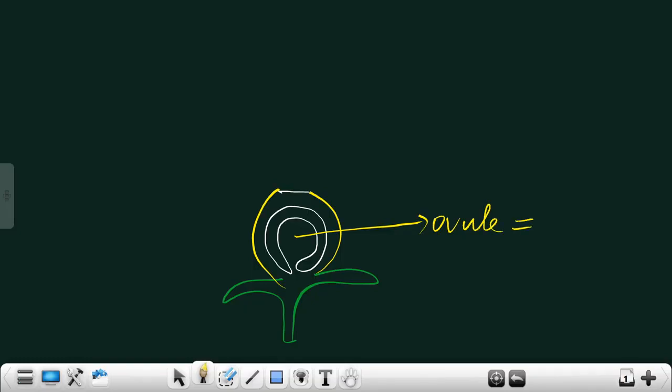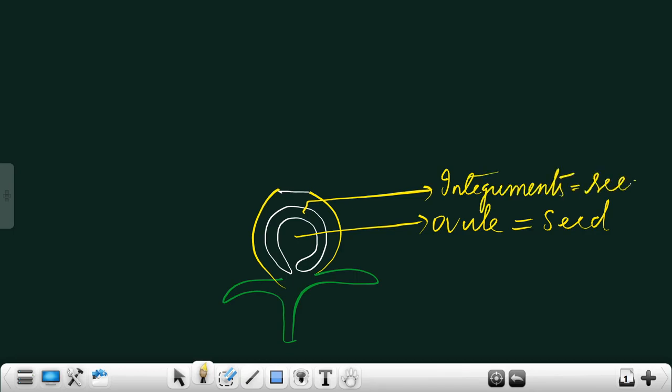After fertilization, the ovule becomes the seed. Now, this ovule is surrounded by integuments. The integuments become the seed coat.